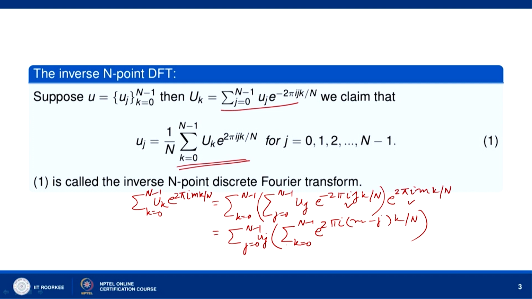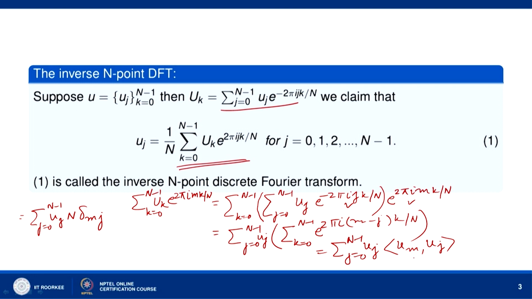So, this is nothing but sigma j equal to 0 to n minus 1 u j inner product of u m with u j. Okay. So, this we have seen from the orthogonal property. Now, this is sigma j equal to 0 to n minus 1 u j, and then delta n times delta m j.